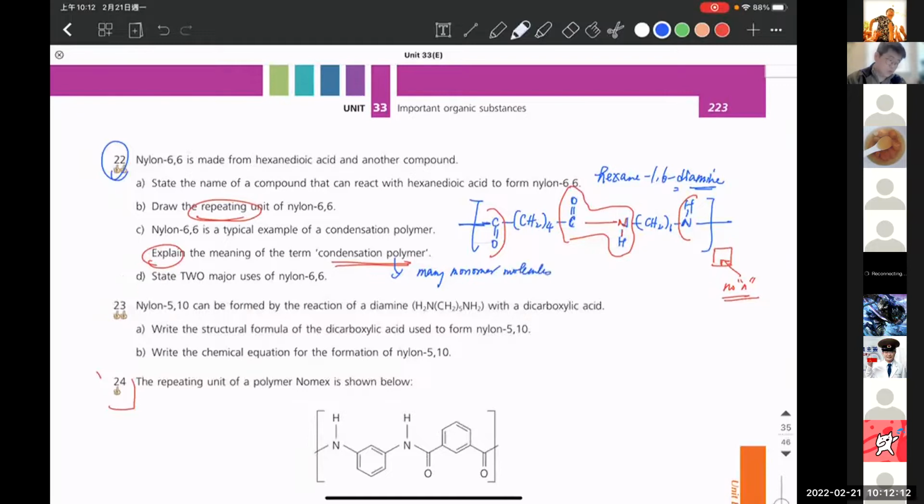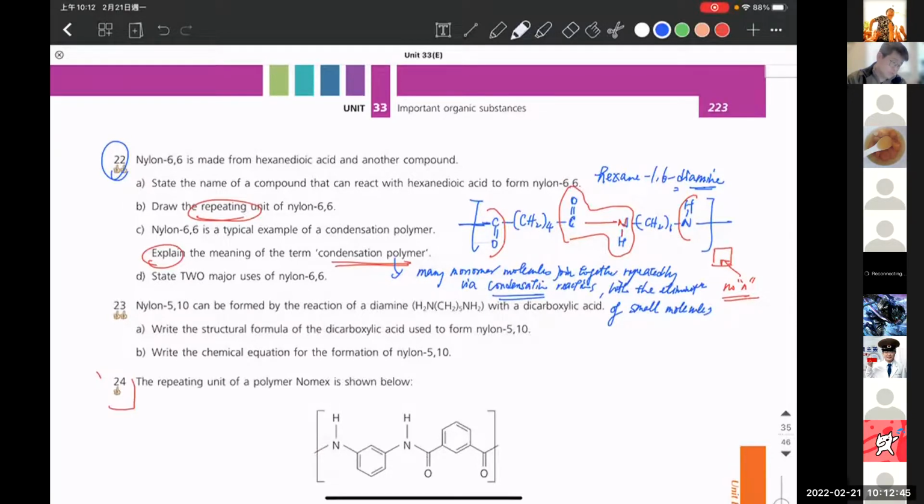Yes. So we have got many monomer molecules joined together repeatedly through the condensation reaction with the elimination of small molecules.